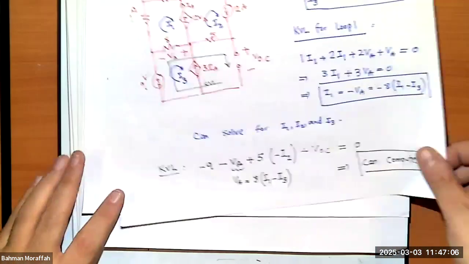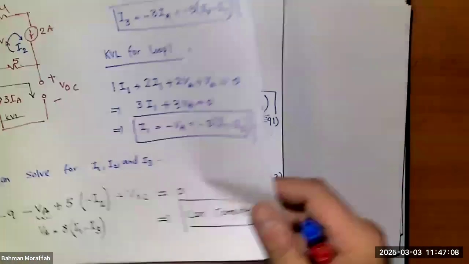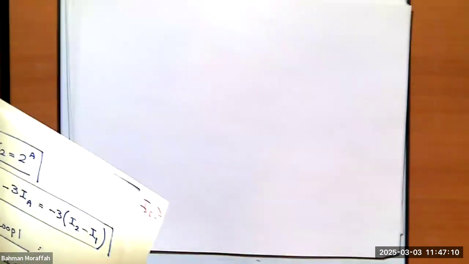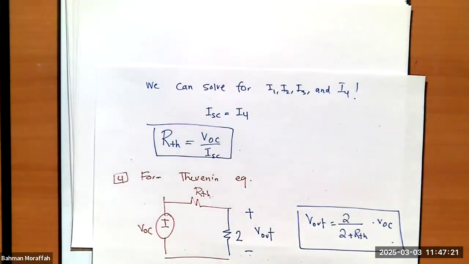All right, so I have the open circuit. I have R-Thevenin. I know exactly what my circuit looks like, right? So here's the question. What if I told you, given this Thevenin equivalent, how would you find the Norton equivalent?